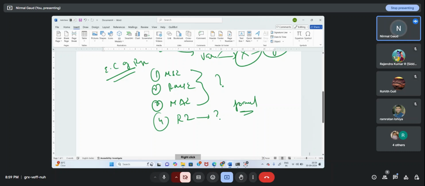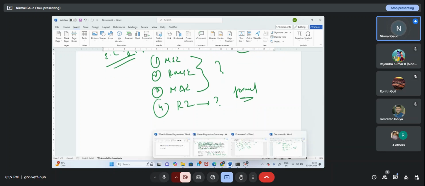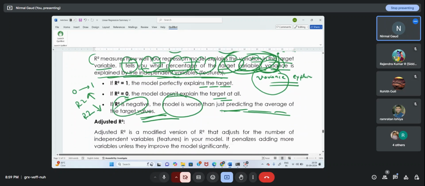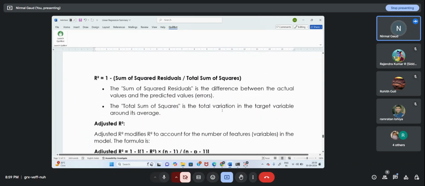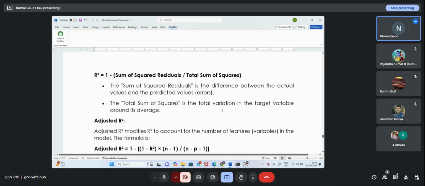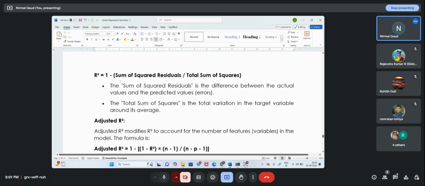Okay, let's check the formula also. Let me show you the formula of R2. The formula for R2 is 1 minus the sum of squared residuals divided by the total sum of squares. What does it mean? What are residuals?